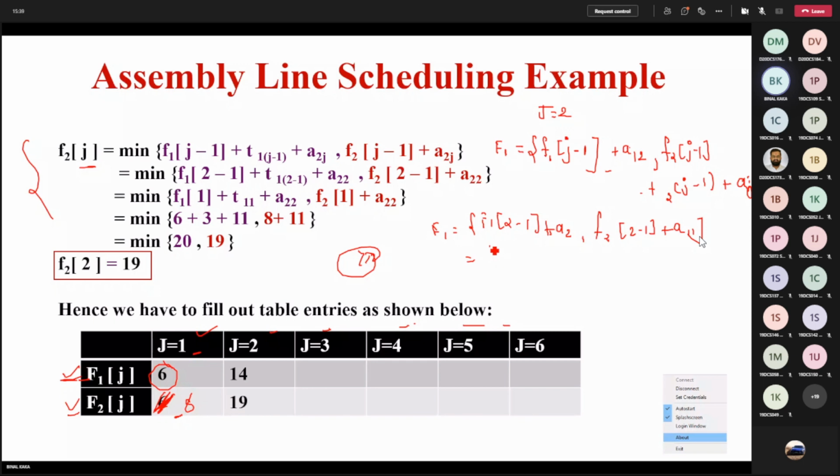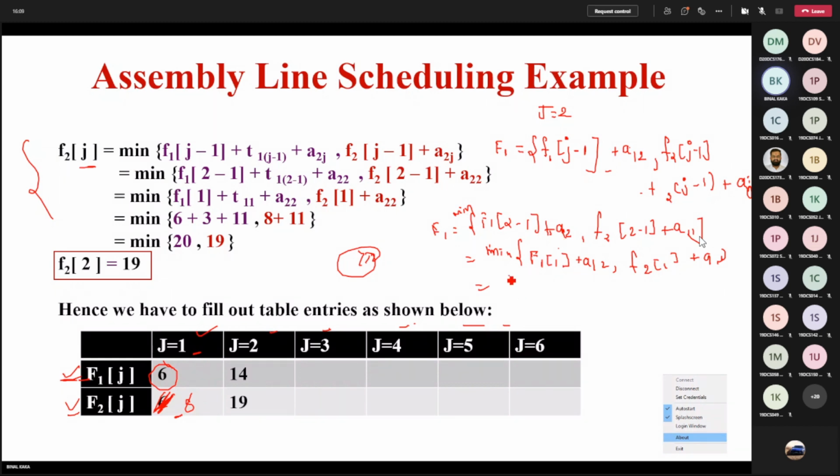Okay, so we have to write the minimum of f1 of 1 plus a of 1 2, comma f2 of 1 plus a of 1 1. We have to see the value of a of 1 2. So we just fill the values over here from the previous case.